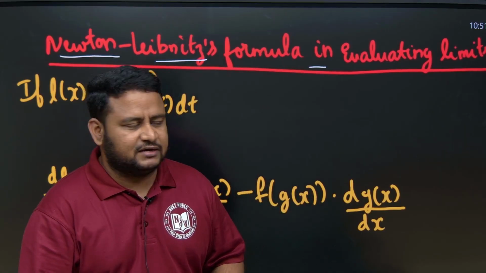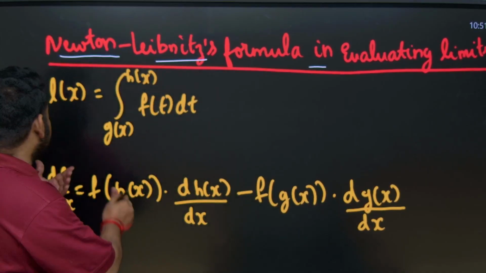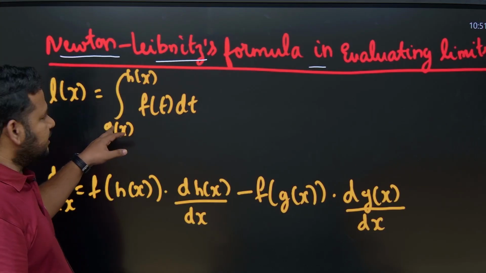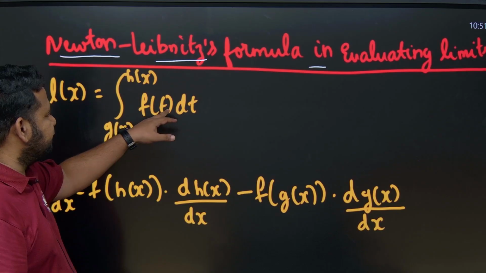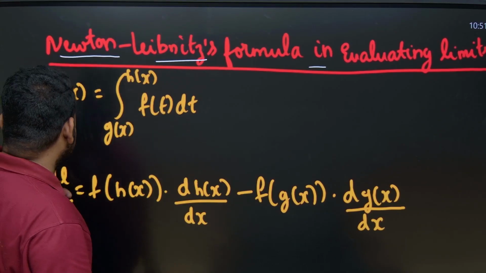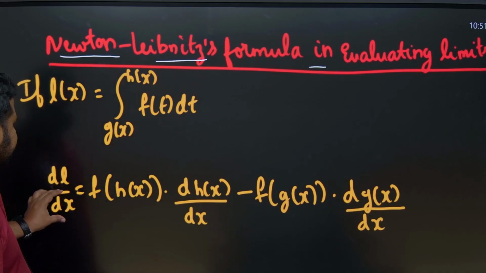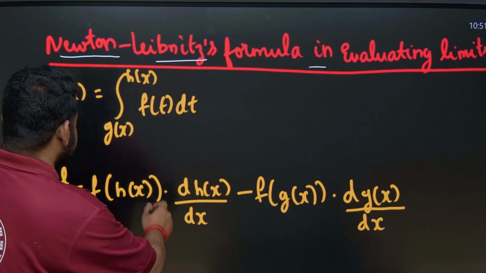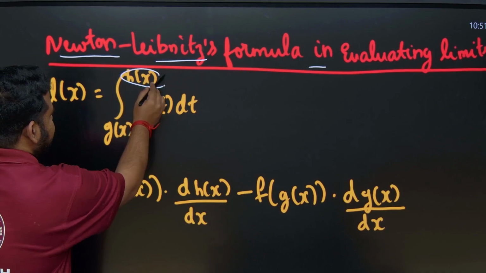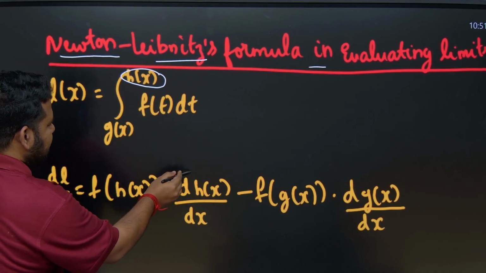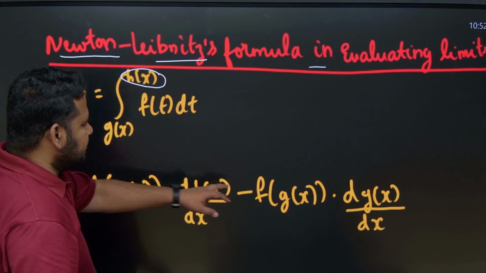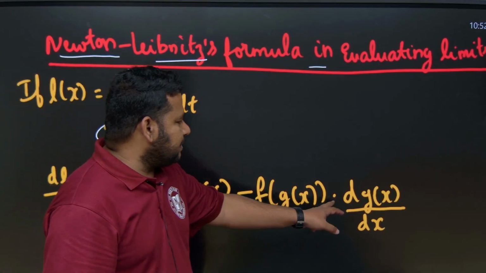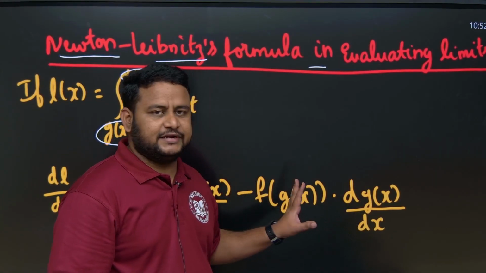Continuing with that, if L of x is equal to the integral from g of x to h of x of f of t dt, then the derivative of L with respect to x, that is dL by dx, is given by f of the upper limit h of x, multiplied by the derivative of h of x with respect to x, minus f of the lower limit g of x, multiplied by the derivative of g of x with respect to x.